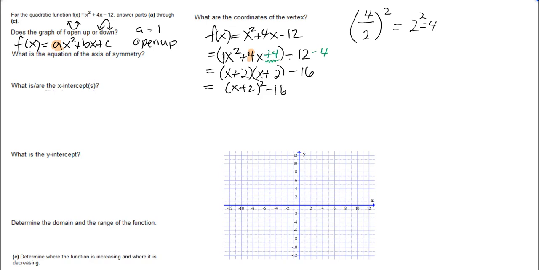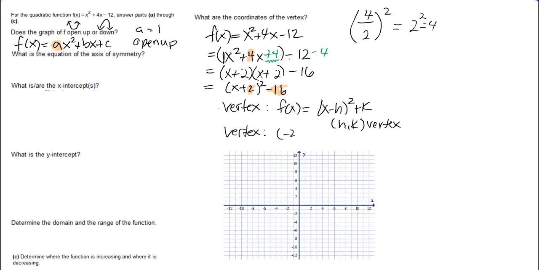So we've taken that quadratic function in general form and now written it in vertex form, which looks like this: f of x equals x minus h squared plus k, where (h, k) is the vertex. Based on that, we can see what our h and k are. Our vertex is (-2, -16).